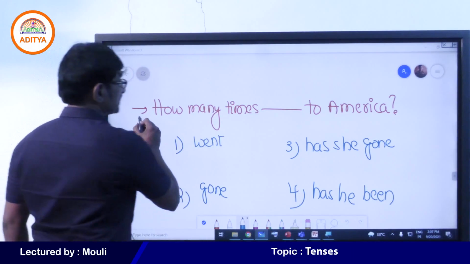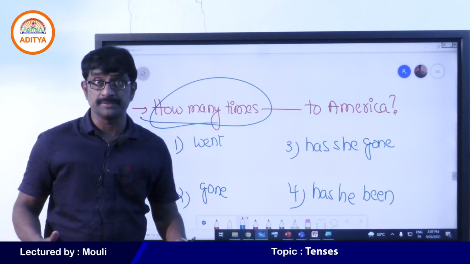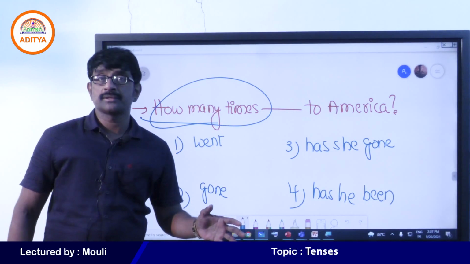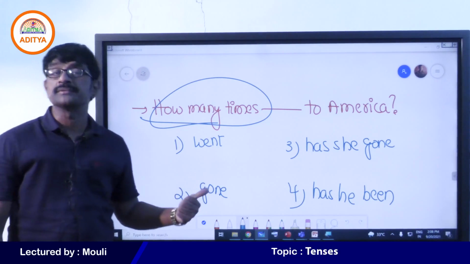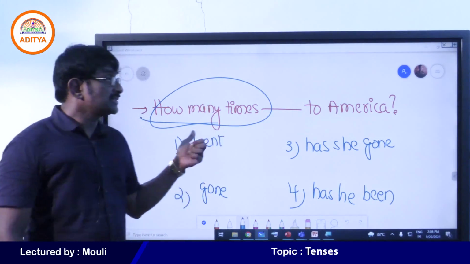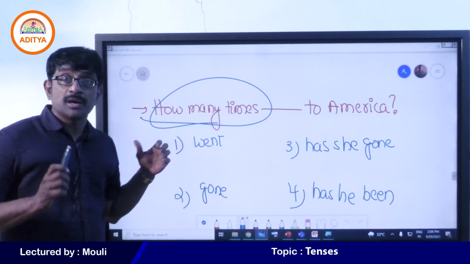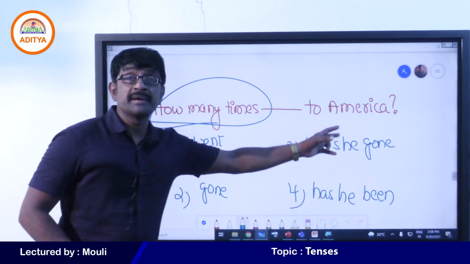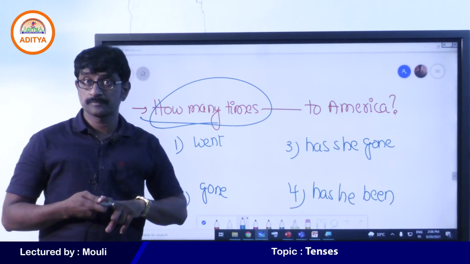When we look at this, how many times, we can take a decision definitely. By looking at how many times, we can come to one conclusion. How many times dash to America is given. So how many times to America definitely takes either past tense or perfect tense.